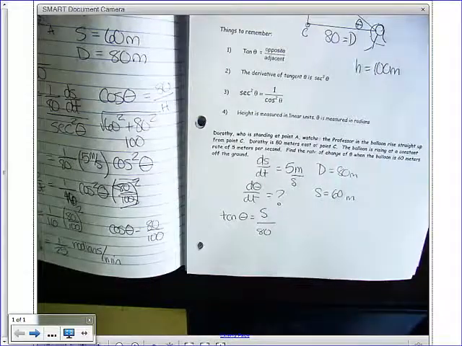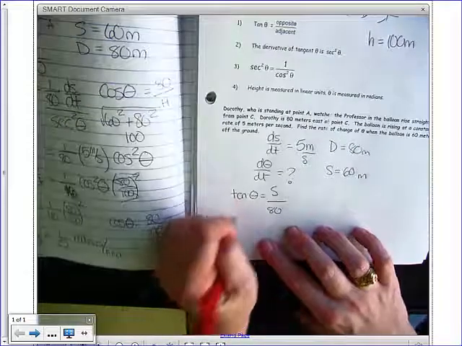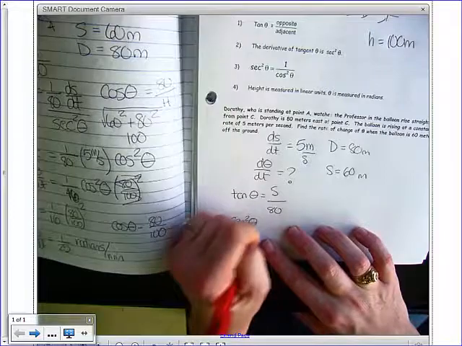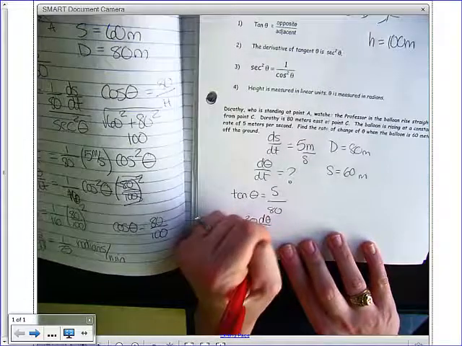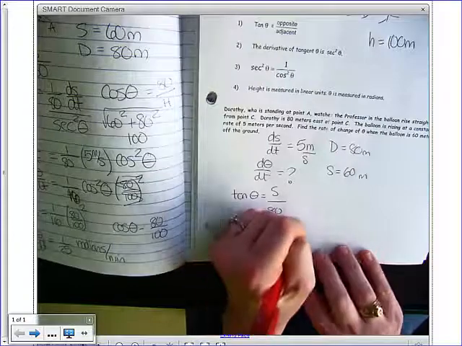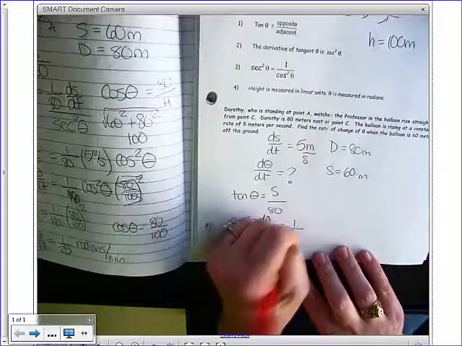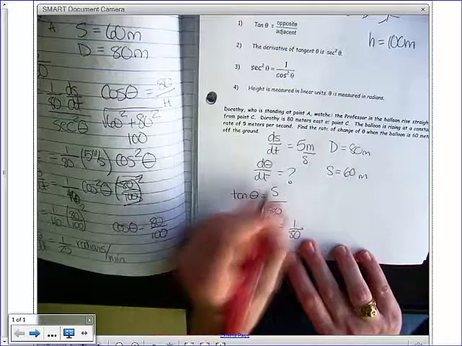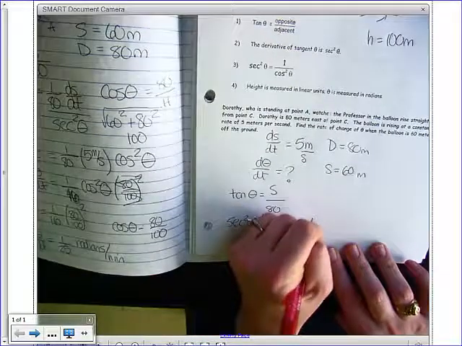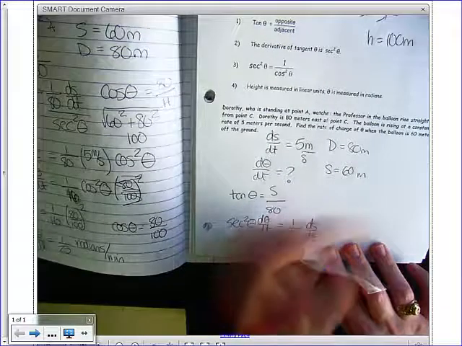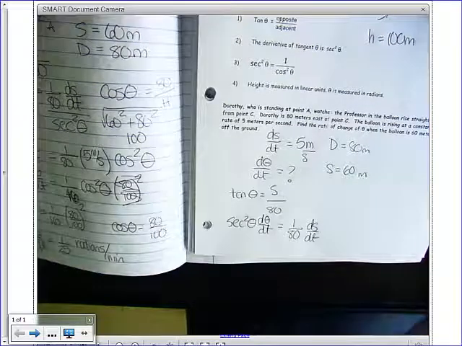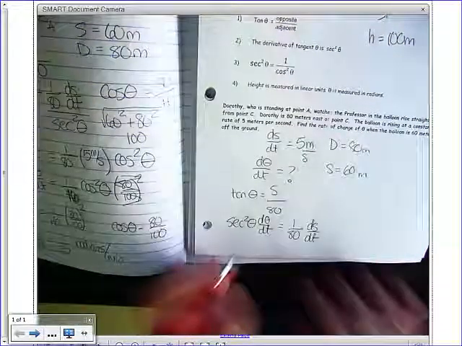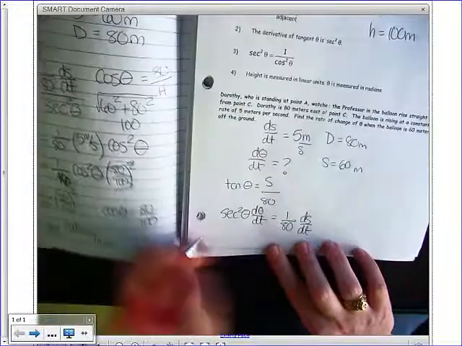Well, the derivative of tan is secant squared. And we took the derivative of a theta, so it's d theta dt equals 1 over 80, because the derivative of S is 1, ds dt. Now, to get d theta dt by itself, because that's what we want to know, we're going to divide by secant squared.